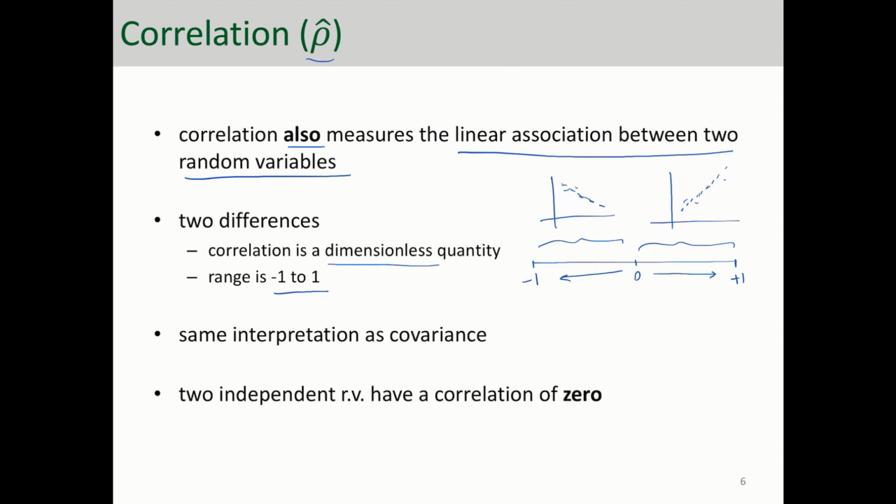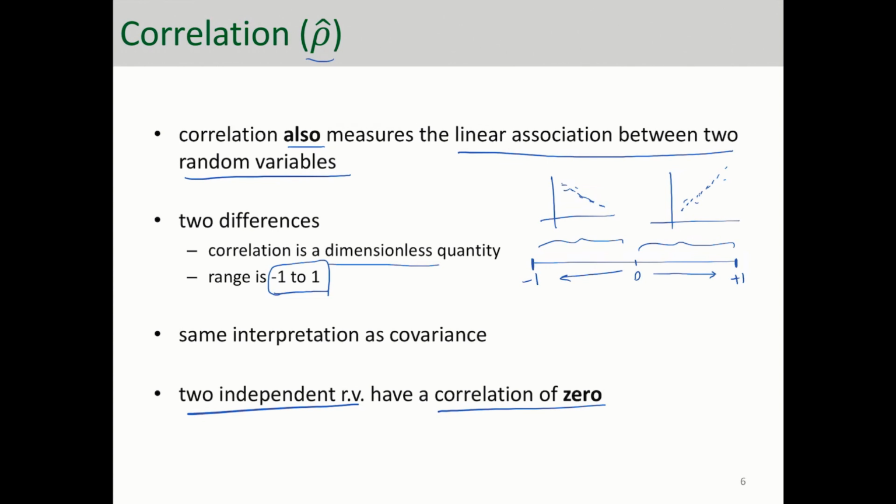The interpretation is essentially the same as covariance. You have the positive and you have the negative. And when you have two independent random variables, your correlation is equal to 0. As I said, the good thing about correlation is that it's between these two numbers. So +1 shows the most positively correlated situation, as opposed to -1, the most negatively correlated situation.